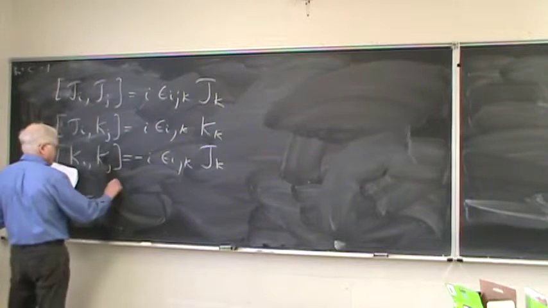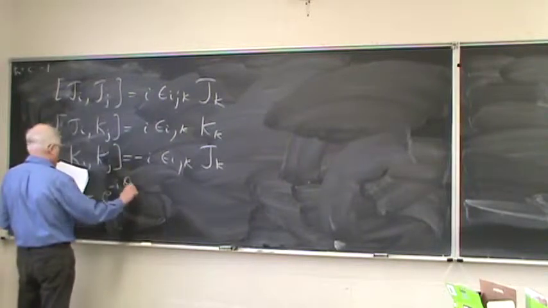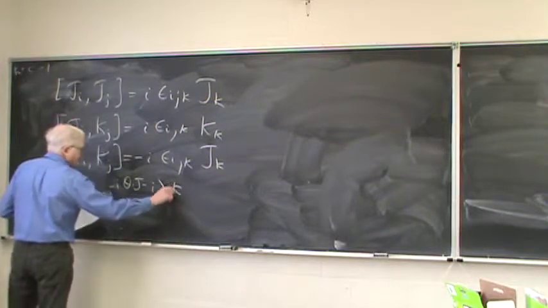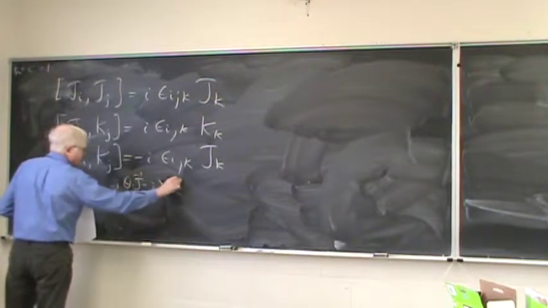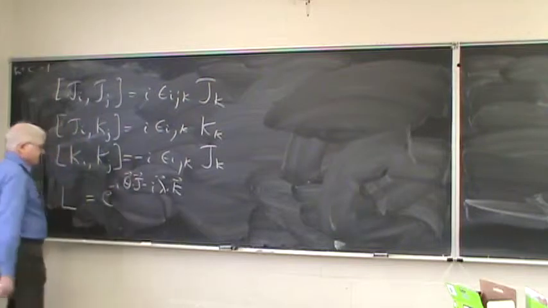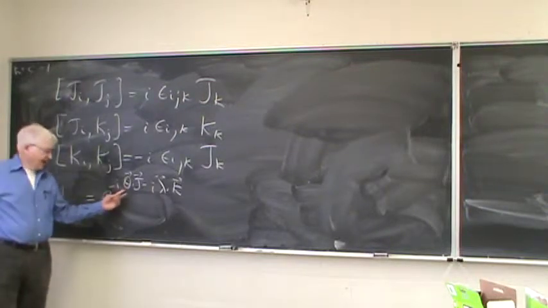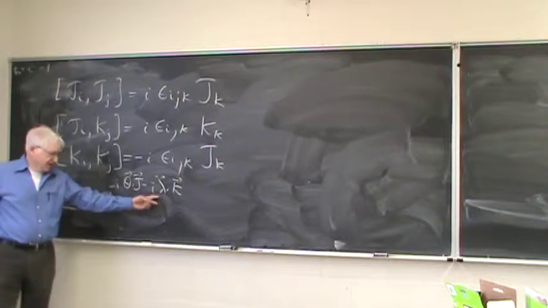It's e to the minus i theta dot J minus i lambda dot K. So these are the general Lorentz transformations, which are rotations about an angle theta and boosts in the lambda direction.